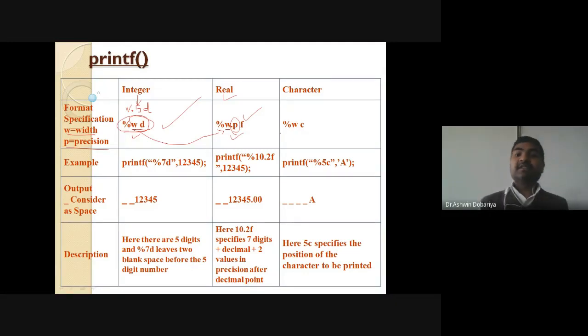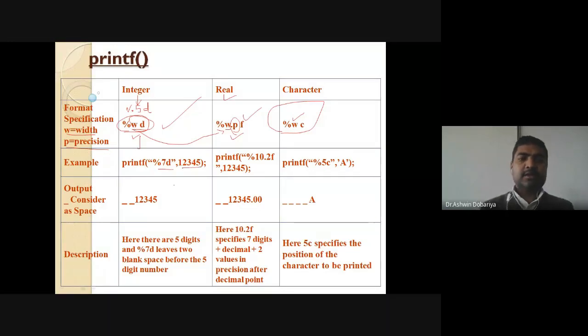This is a very interesting part in character. In character also we can give a width, right? See here, I have mentioned an example also. In this example we discussed %7d.